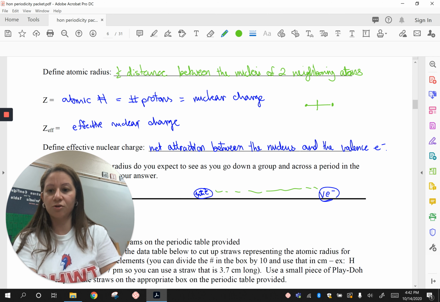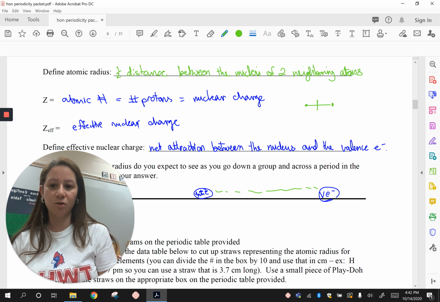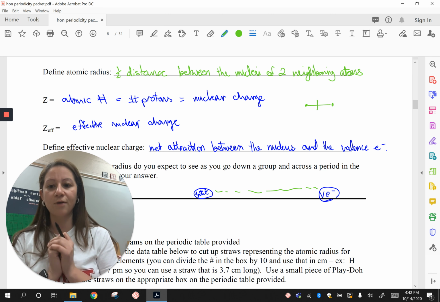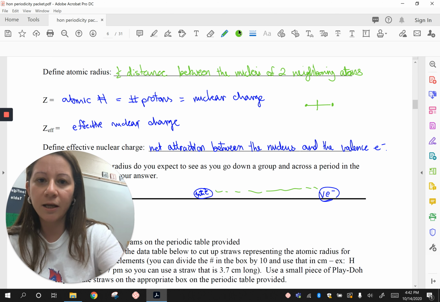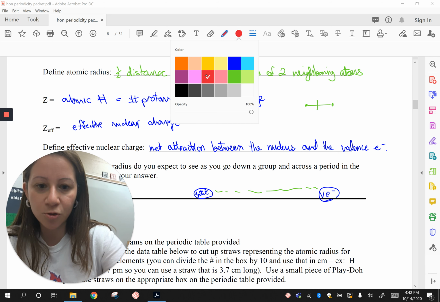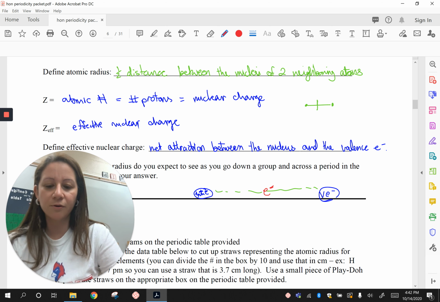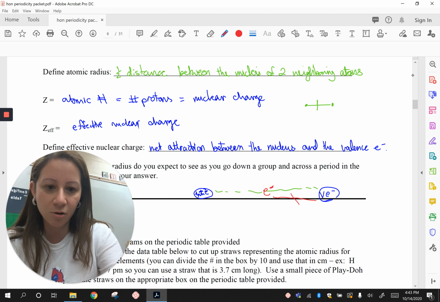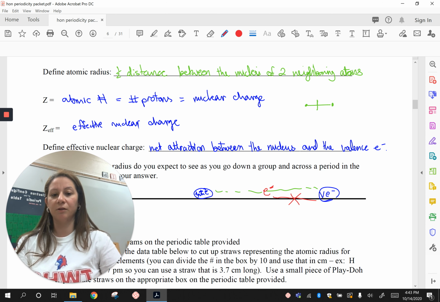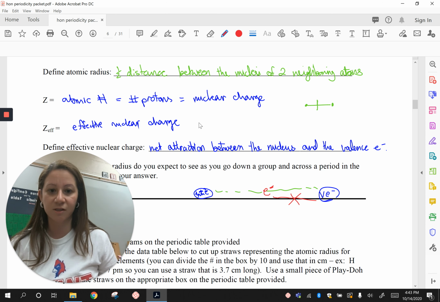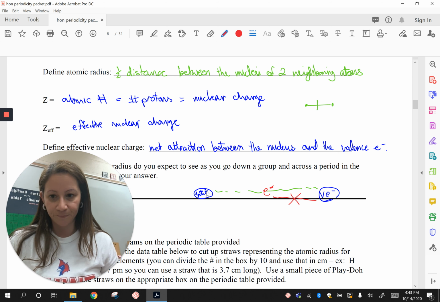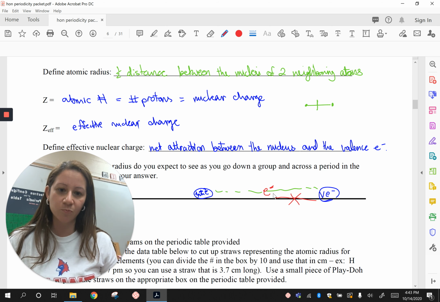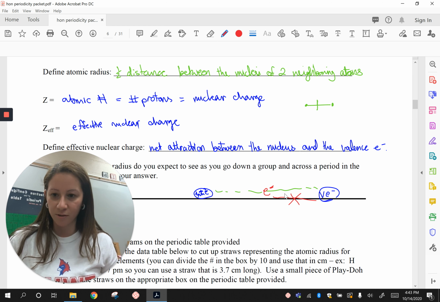The reason is electrons are negative and the protons in the nucleus are positive, so positives and negatives attract each other. But there's also another force, a force of repulsion from the other electrons. Electrons are all negative, so they repel each other. They cannot stand each other; they want to stay as far away from each other as possible. So that valence electron is attracted to the nucleus, but it's also repelled by the other electrons.